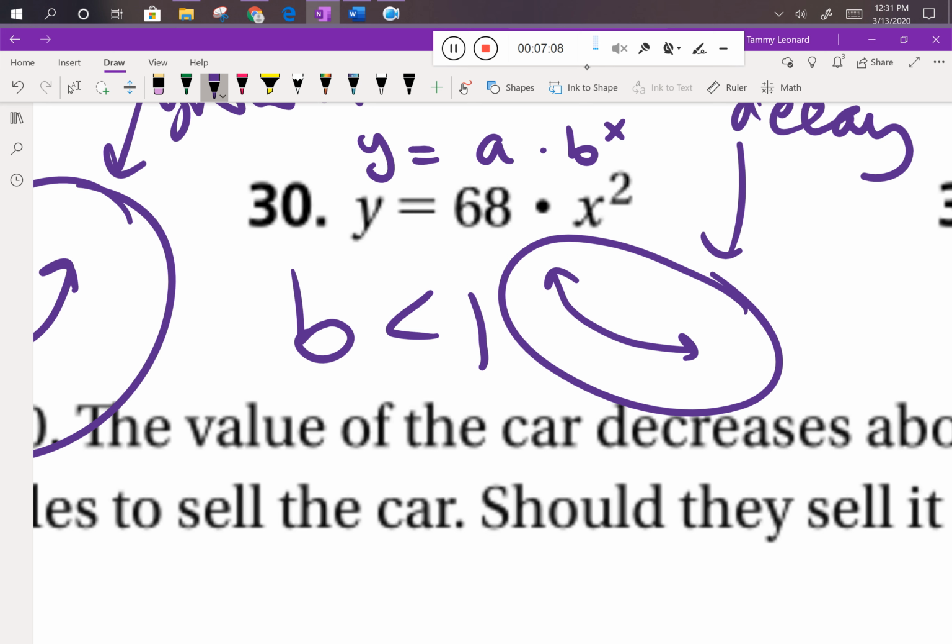There's no point in talking about growth and decay if it's not even that kind of function, right? That's like saying, here's a circle, what's its slope? What? A circle doesn't have a slope, only lines have slopes. Does that make sense? Yeah? So we wouldn't answer the question, is it growth or decay, if it's not even exponential. So this is neither. If x isn't the exponent, this is an irrelevant question. Okay? So it's not exponential.